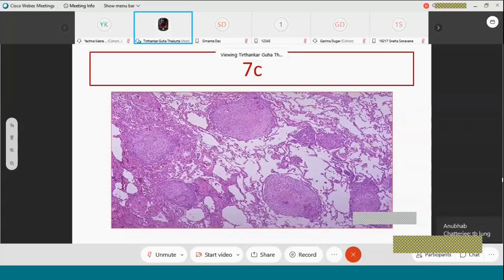What is this? All the round things are the granuloma. So the round things being granuloma, all around we can find air-filled alveoli, therefore this is also TB lung.